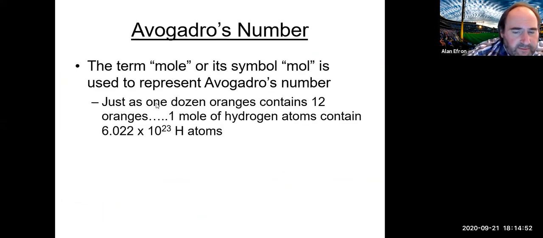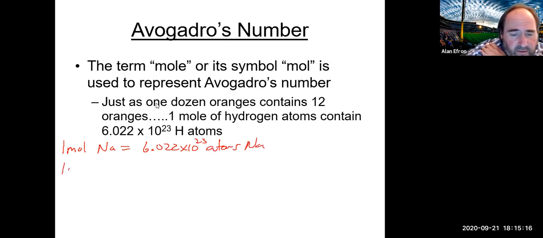So as I mentioned before, the term mole represents basically 6.022 times 10 to the 23. And again, you could do that for anybody on the periodic table. So if you say I have 1 mole of sodium, that should have 6.022 times 10 to the 23 atoms of sodium, which you can write as 2 conversion factors.